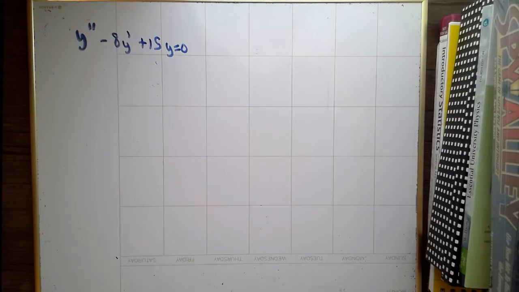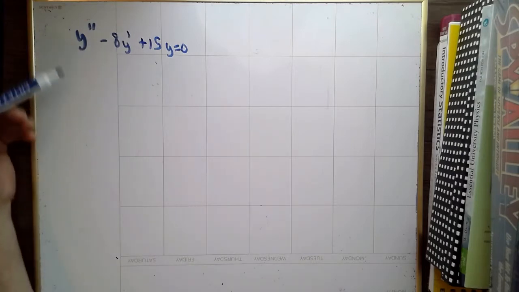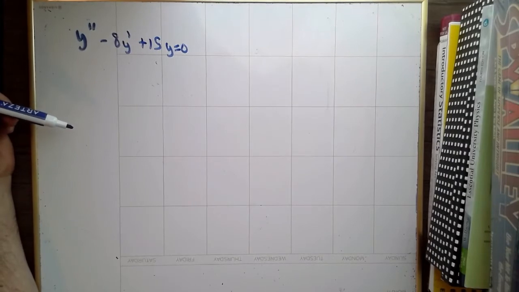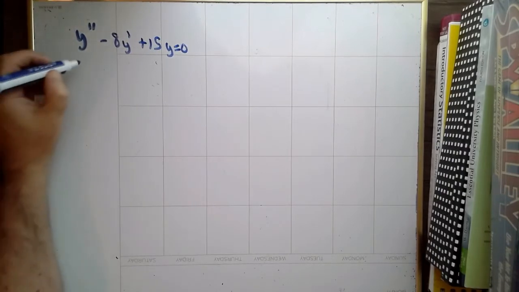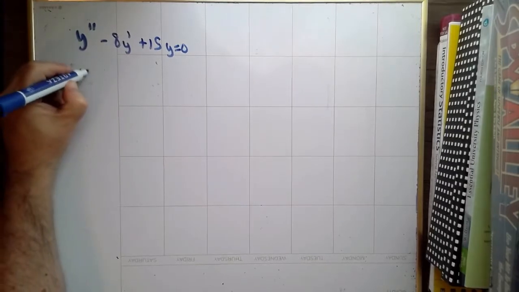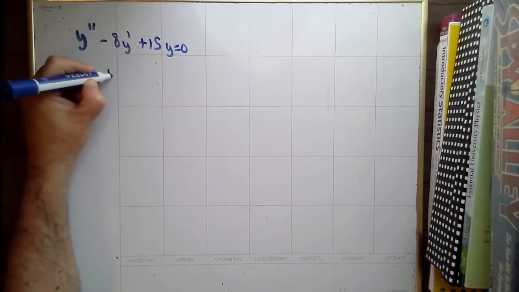This is going to be called reduction of order. We're going to convert this one single second order DE into a system of first orders by making the following substitution. Let's say u equals y.